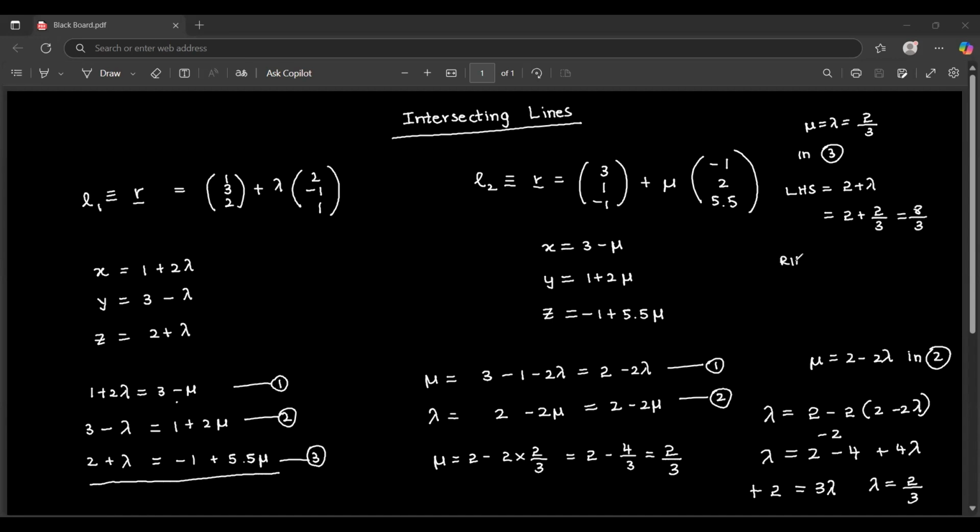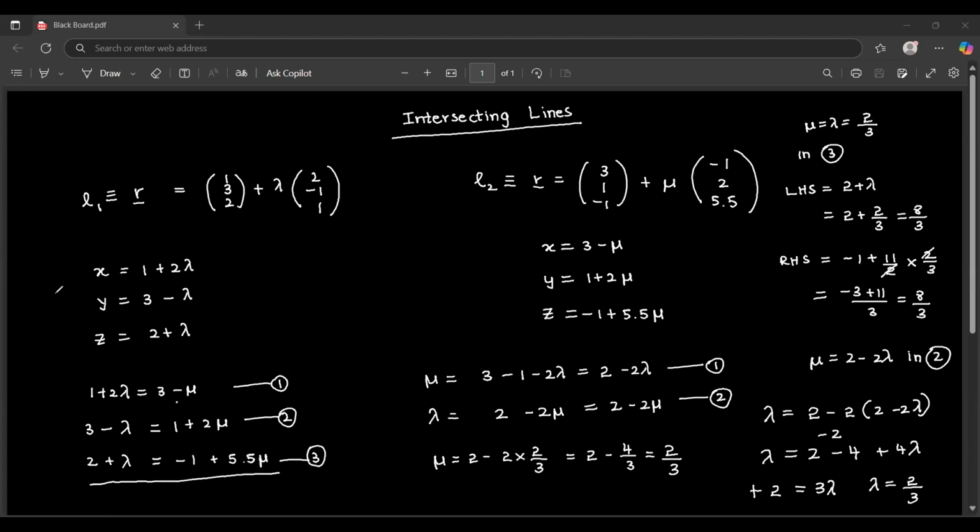And the right hand side is minus 1 plus 5.5 mu, which is simply 11 over 2 into 2 over 3, since mu is equal to 2 over 3. So 2 cancel, and I will get minus 3 plus 11 over 3, which is equal to 8 over 3. LHS is equal to RHS, so verified. So we have a common point, and that's when lambda or mu is equal to 2 over 3.